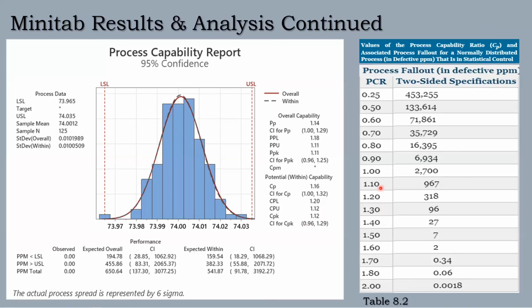So if we look in here between 1.1 and 1.2, we see that we should have a number of defects between 318 and 967 parts per million, and that does line up with the 650.64 that we got. This further proves that we have normally distributed data, and the process is in statistical control.